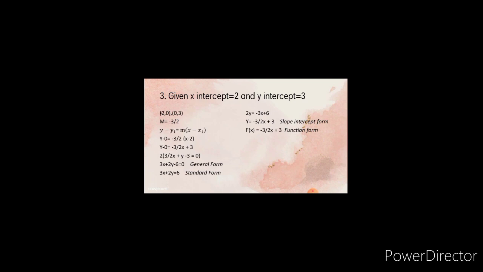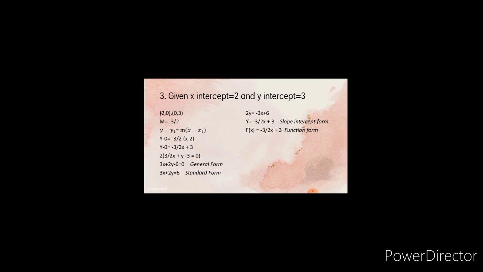In finding the slope, use the formula m equals y sub 2 minus y sub 1 over x sub 2 minus x sub 1. So, substitute the given values. And we will use the formula y minus y sub 1 equals m times x minus x sub 1.